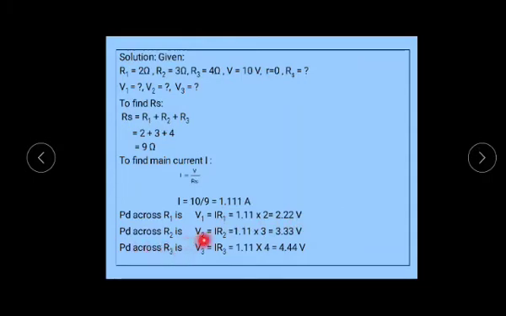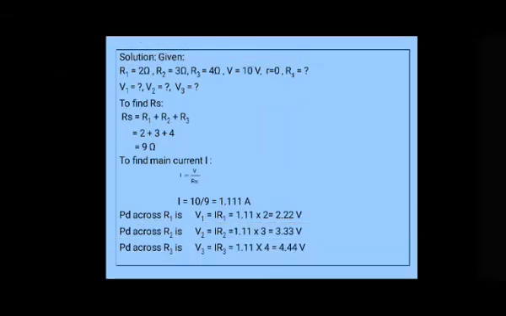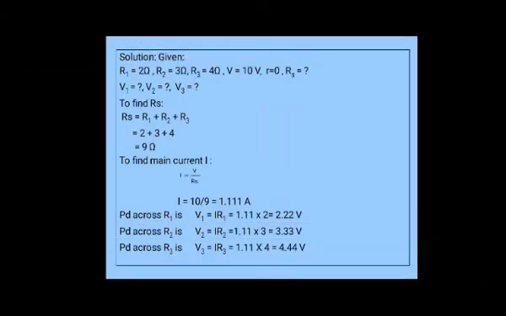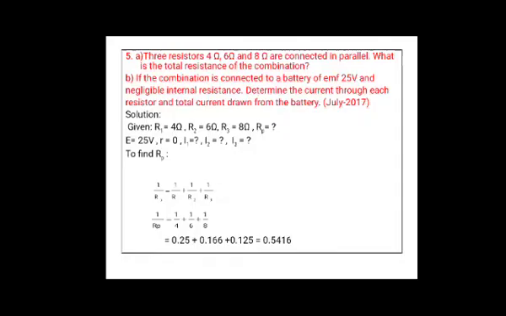Similarly, PD across R2 is V2 = IR2. After substitution you will get 3.33 volt. Then PD across R3 is V3 = IR3, that is 1.11 into 4 is 4.44 volt. So you have calculated effective resistance as well as PD across R1, R2 and R3.